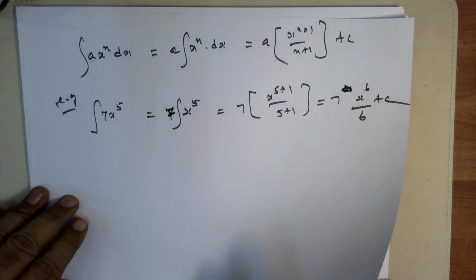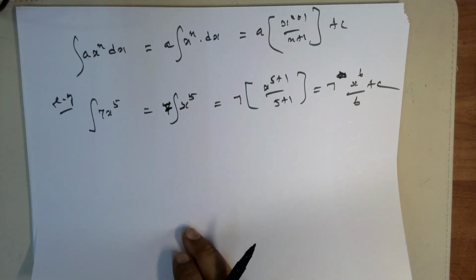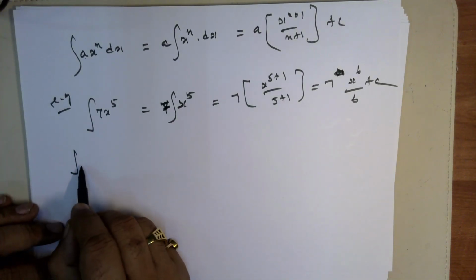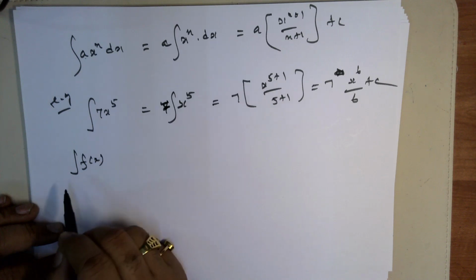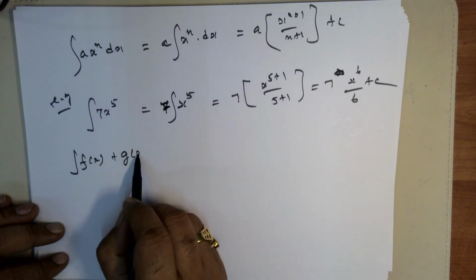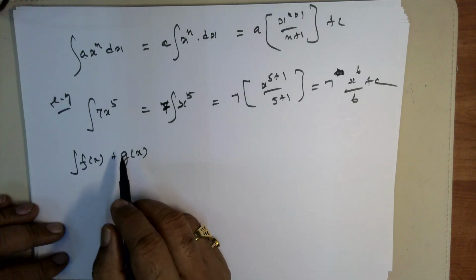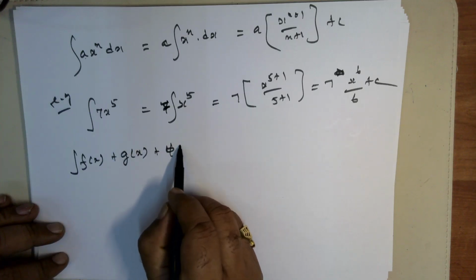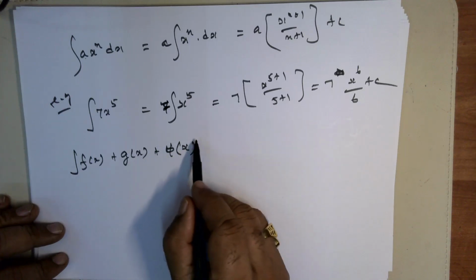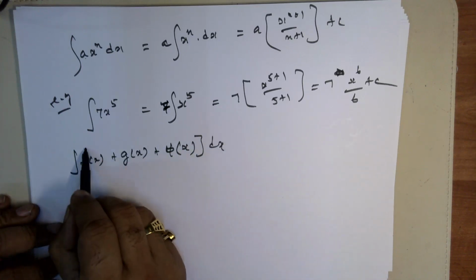Now sometimes you will have too many functions, that is the integral of f of x, this is one function, plus g of x plus phi of x, the combination of multiple functions, of dx.